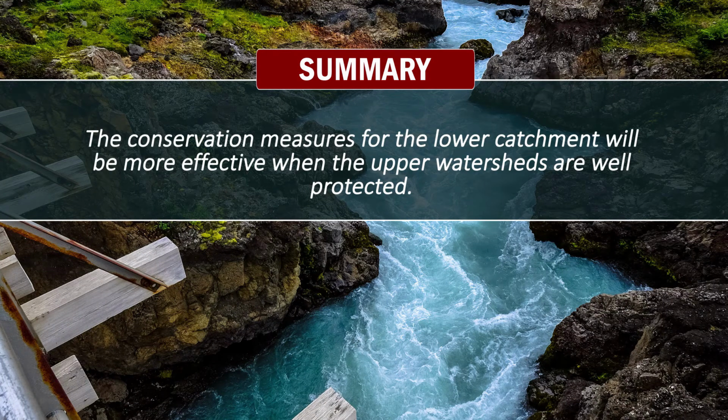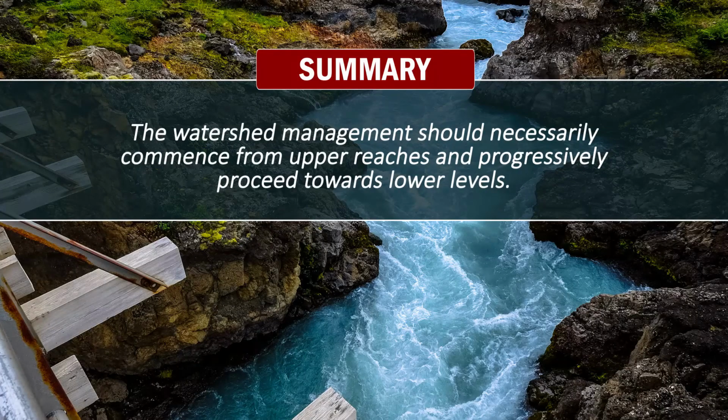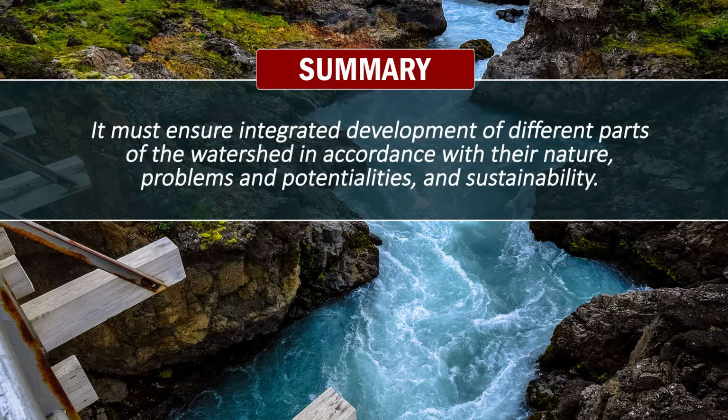For example, uncontrolled runoff from the upper reaches may hamper conservation measures taken in the lower catchment. Watershed management should necessarily commence from the upper reaches and progressively proceed towards lower levels. So it must ensure integrated development of different parts of the watershed in accordance with their nature, problems, potentiality and sustainability.